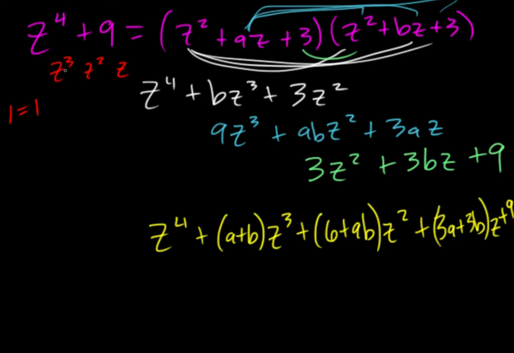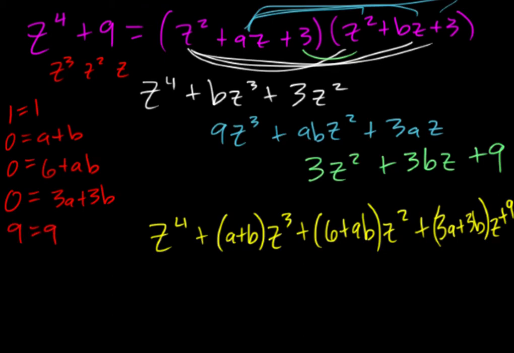Now, the z to the 3rd is 0 over here, but over here it's a plus b. Now the z squared is also 0, and that's 6 plus ab. The z is also 0, and that's 3a plus 3b. And then the 9 just tells us that 9 equals 9.